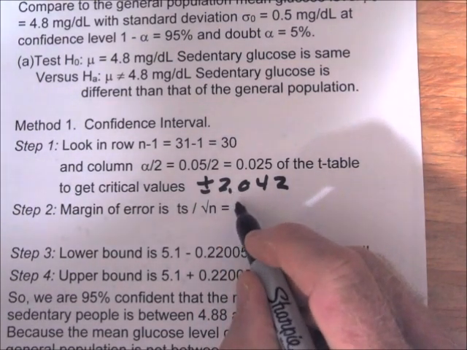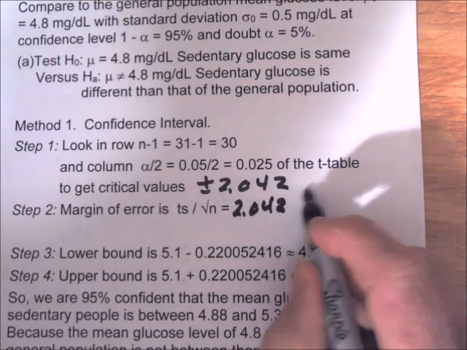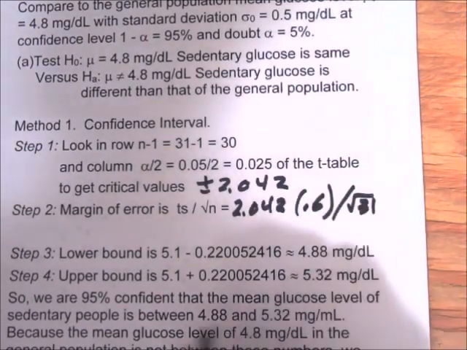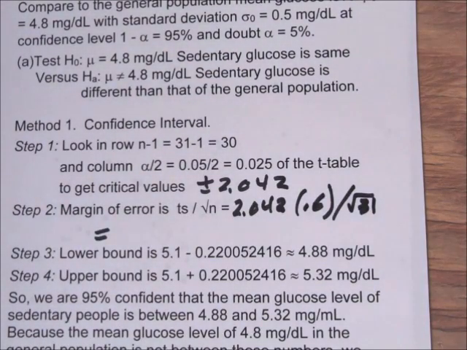So it's going to be 2.042 times 0.6 divided by square root 31, equals 0.22 something.